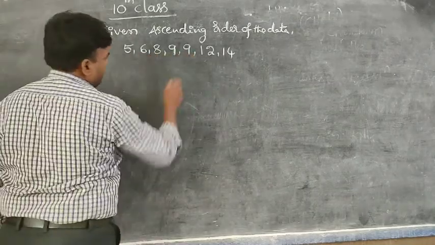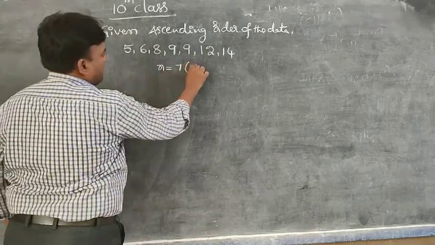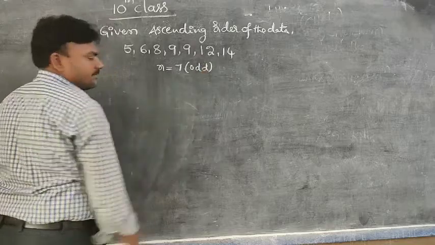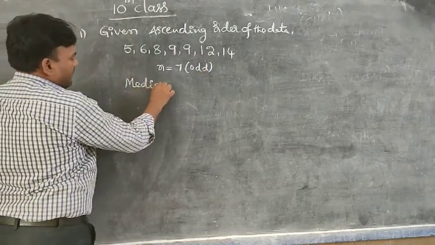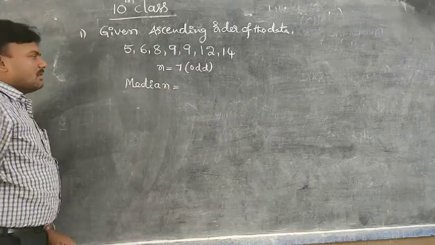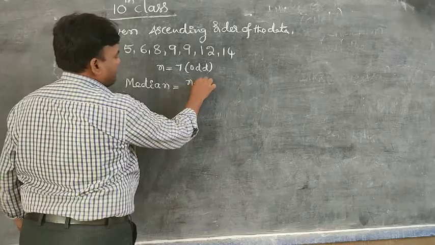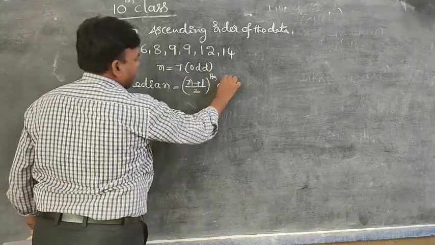So the number of observations n equals 7. It is an odd number. Therefore, if the number of observations is odd, median equals n plus 1 by 2th observation.